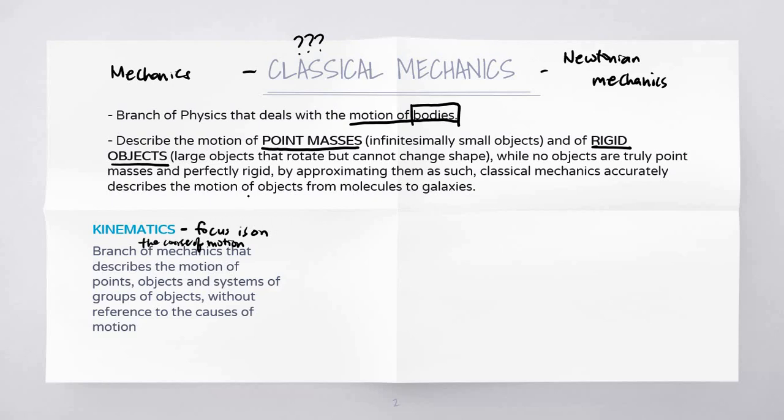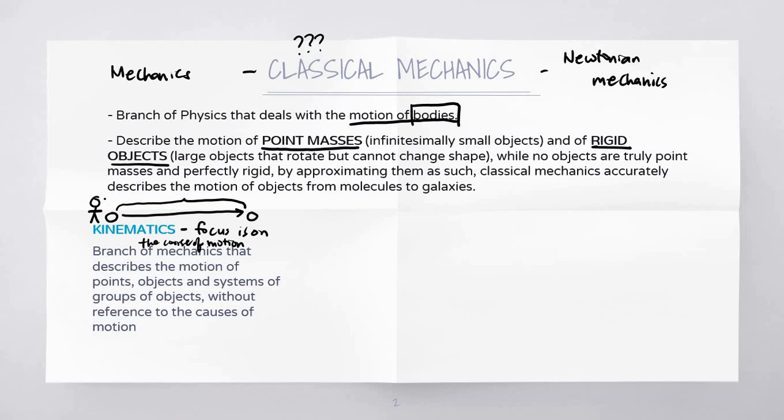Alright. So if the focus is on the course of motion, let's give an example. Let's say this is you, and then you kick a ball. This ball rolls from that point up to this point. Now, if we're dealing with kinematics, we're only trying to understand the course of the motion. So we do not care why this ball moves in the first place.